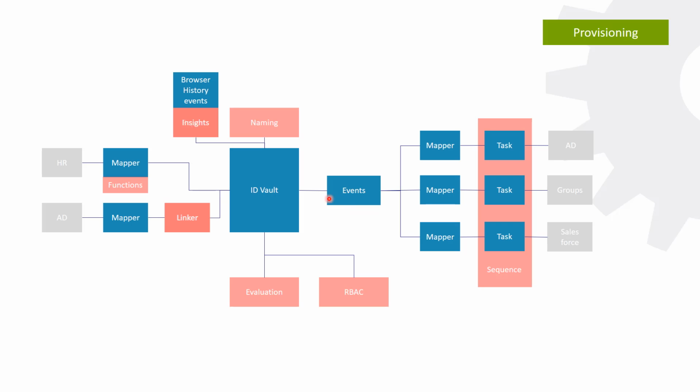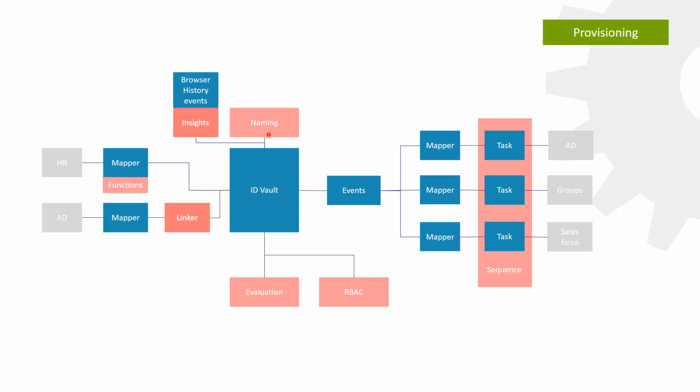We need the linker so that an Active Directory can also be seen as a source system, and that is being linked to the HR data. That's this block. And then you have a Cosmos in the vault. You have one integrated view of a person and the Active Directory accounts they have. So you need a linker to do that.